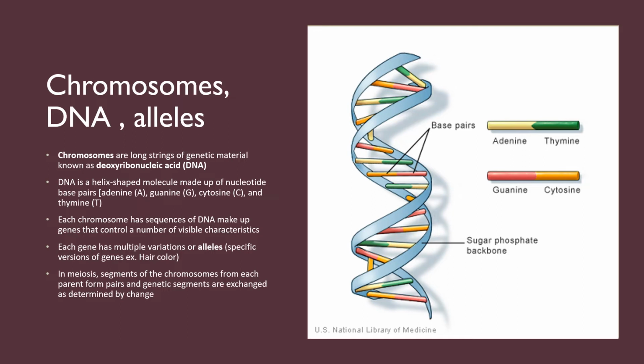Each gene has multiple variations or alleles. These are specific versions of genes, like hair color. In meiosis, segments of the chromosomes from each parent form pairs and genetic segments are exchanged as determined by chance. So we have the adenine, guanine, cytosine, and thymine for the DNA that contains our genetic makeup.